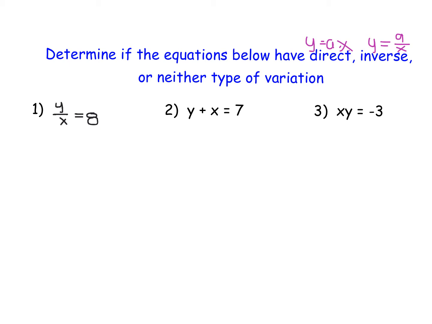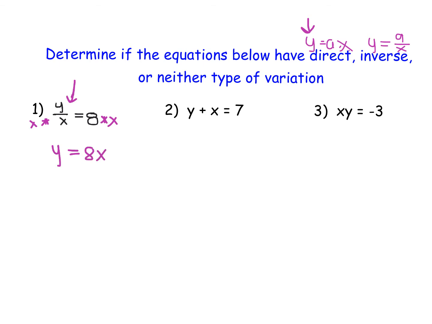So in this original equation, in number 1, what I notice is that my y value is not alone. So for each one of these equations, I'm going to rewrite it so that the y value is by itself. Now I notice here that y is being divided by x, so I'm going to start by multiplying by x on each side. So I have y equals 8 times x.